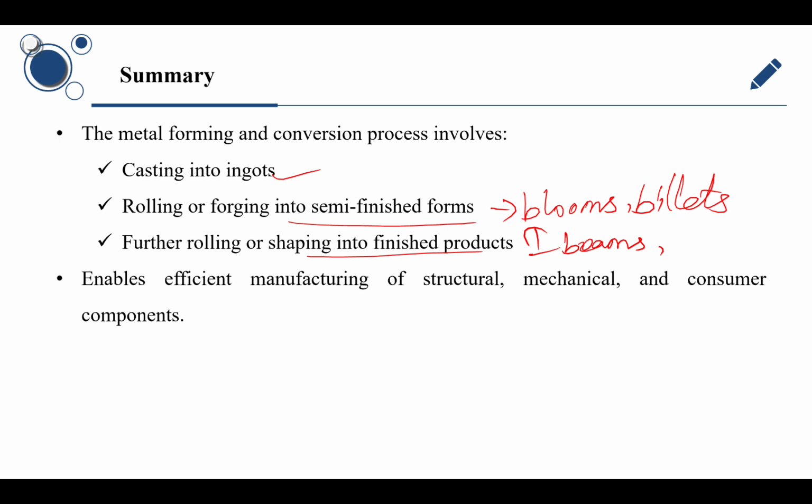Each step from casting the ingot to final shaping introduces potential areas for defects and discontinuities. Understanding this process helps us know where and how flaws might occur, guiding our NDT inspections to ensure the safety and quality of these critical components.